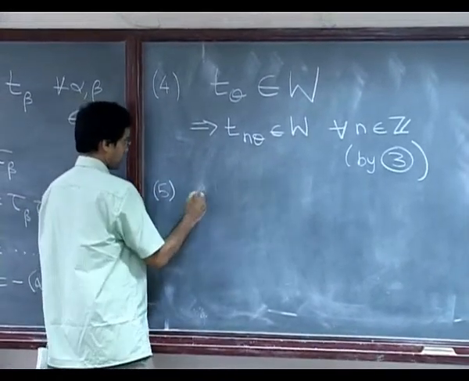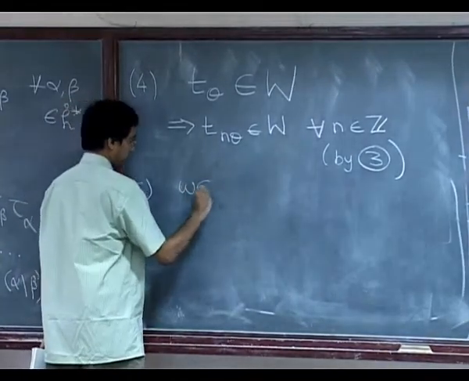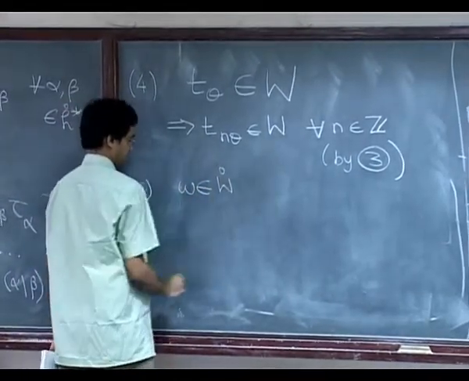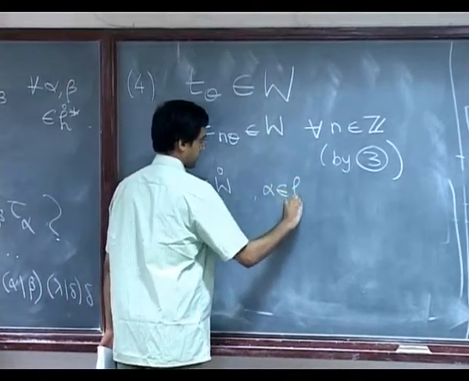Let's now take an element W of the finite Weyl group, and any element alpha in H0 star.